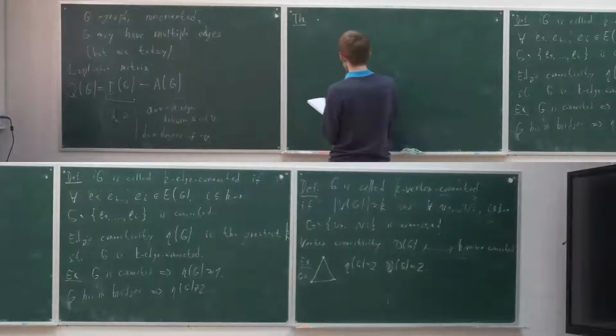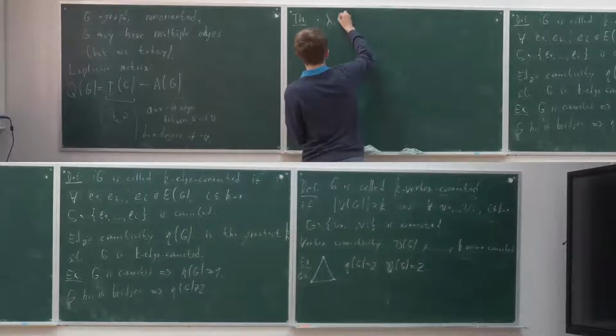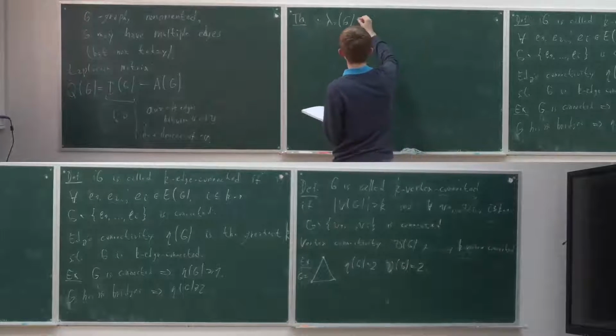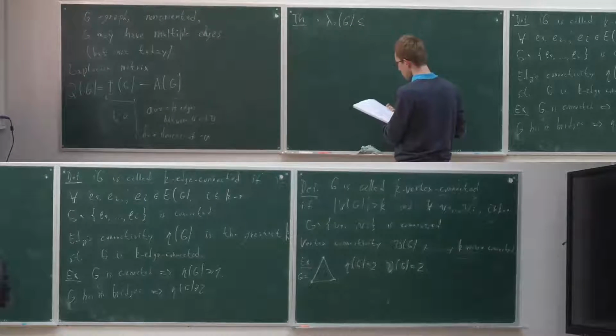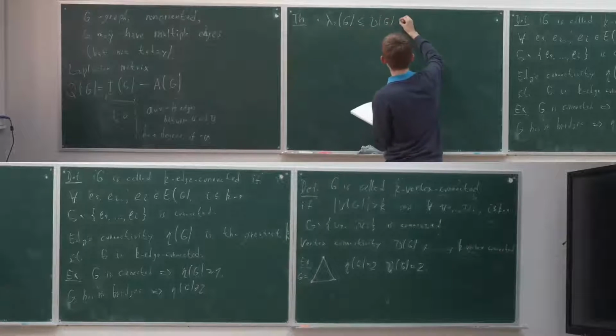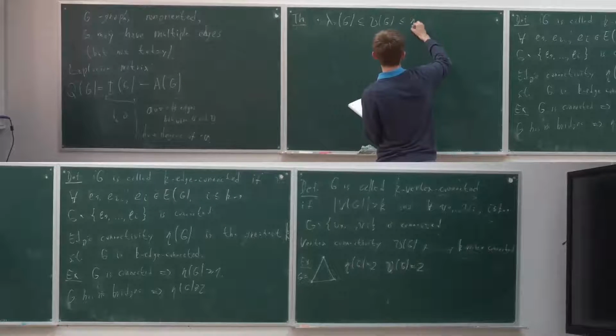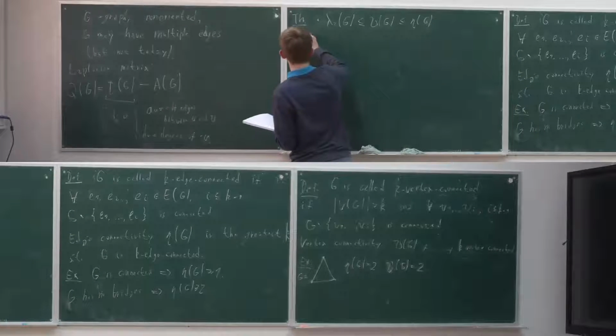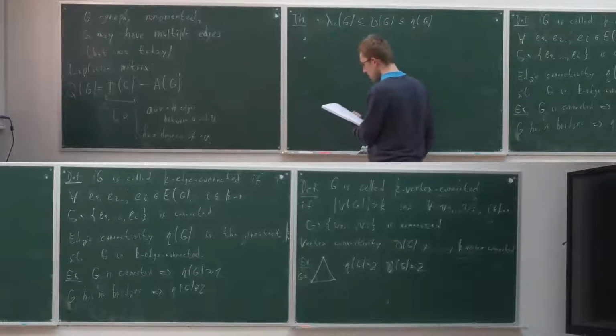Firstly, we know that the second least eigenvalue of the Laplacian is less or equal than the vertex connectivity, and it is less or equal than the edge connectivity. Then we have two estimates on edge connectivity, and they are the following.